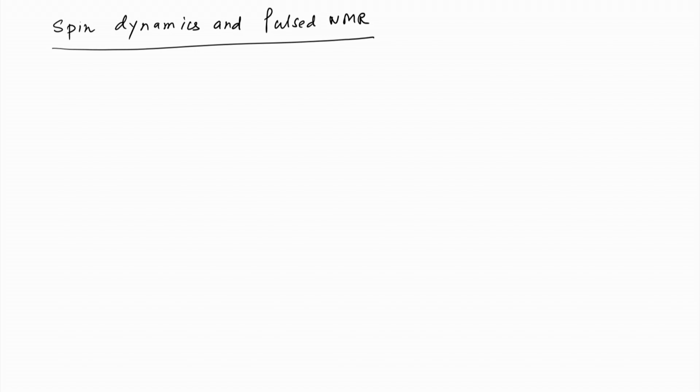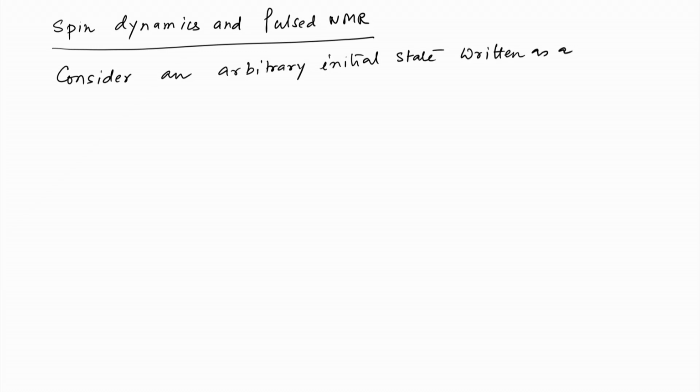So, consider an initial state written as a linear combination of two spin states.